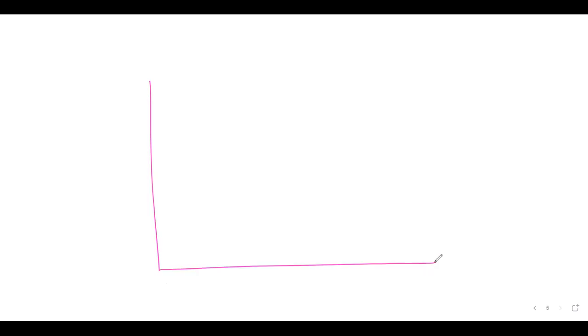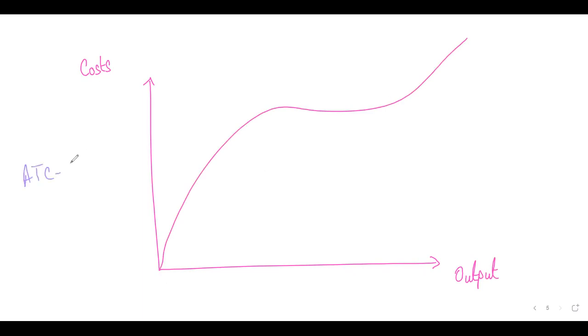So you have cost on the y-axis and output on the x-axis. This is how the graph looks, somewhat like this. Average total cost, we already know, is total cost divided by total output.